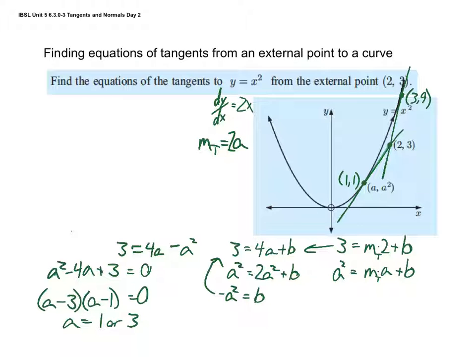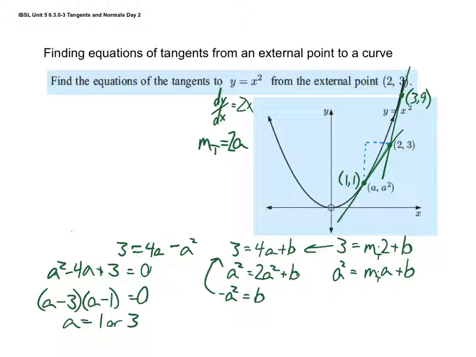Okay, that's great. And here's the thing: every time you get an unknown, you just need another equation to figure that out. Now, if we wanted to keep it to just two variables, another way we could have done this would have been to say the slope of the tangent line is 2a. I could also find the slope using rise over run.